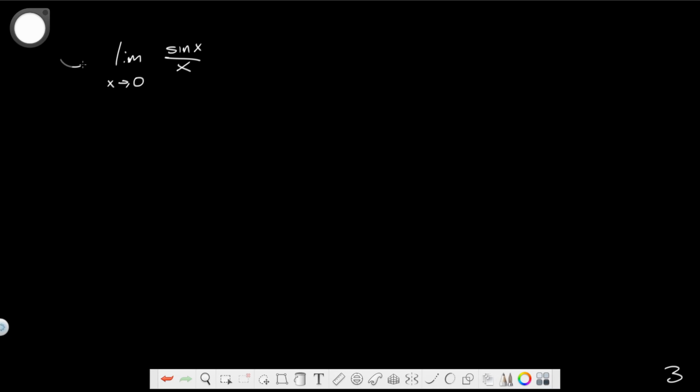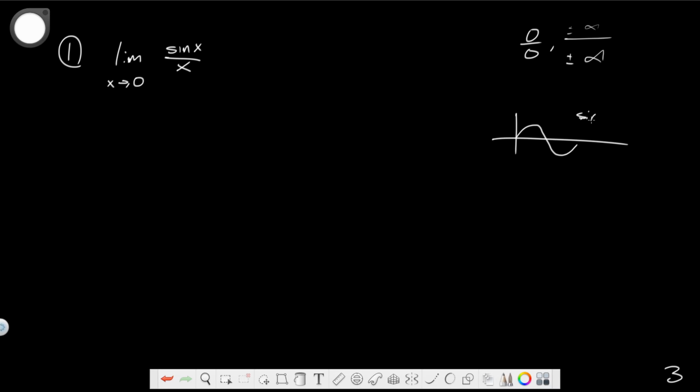The first thing we need to consider for this example is, as we approach 0, do we have an indeterminate form of 0 over 0 or infinity over infinity? Do we have one of these forms? I believe we do. Sine of x looks like this, right?